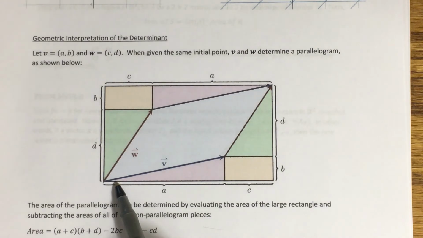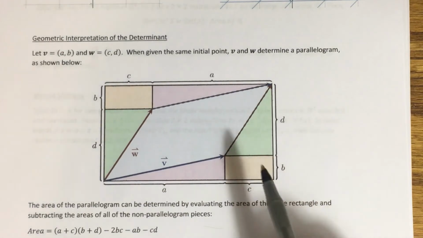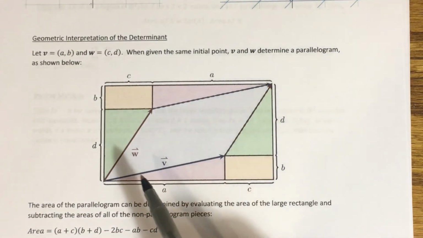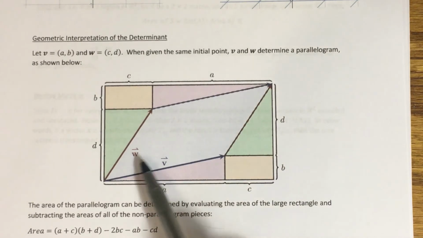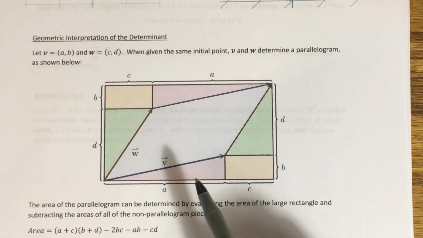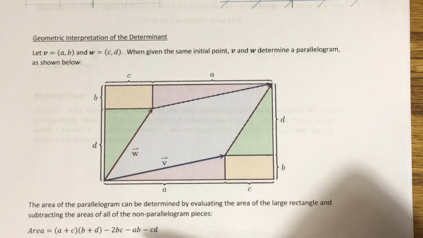If we put those two vectors in a position that gives them the same initial point, then we can copy V up here, copy W over here, and now what we have is a parallelogram. We've seen this parallelogram before when we defined the sum of the vectors W and V. It turns out that the area of this parallelogram can be found using a determinant.